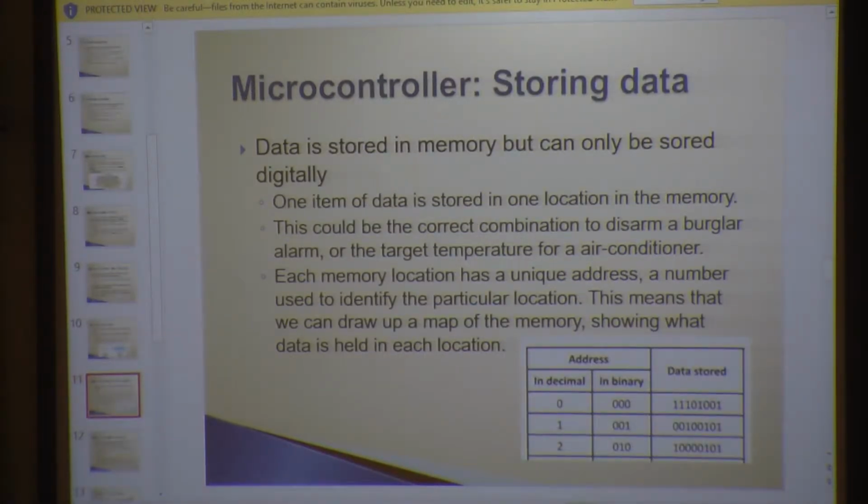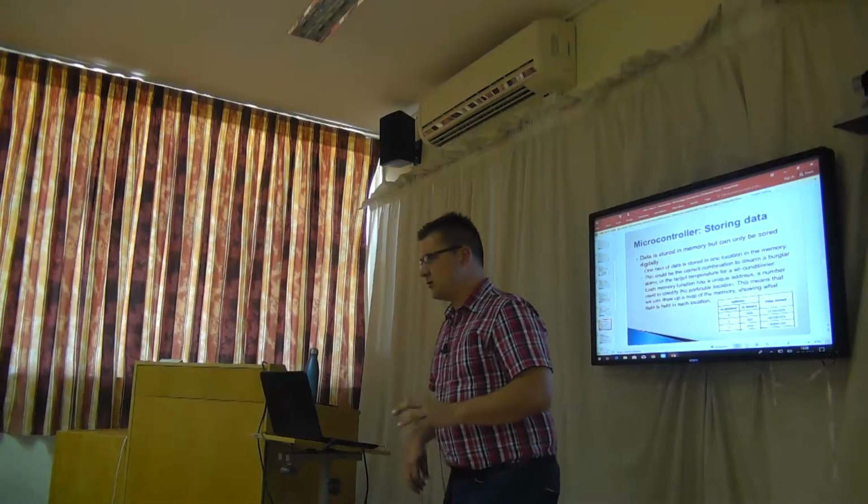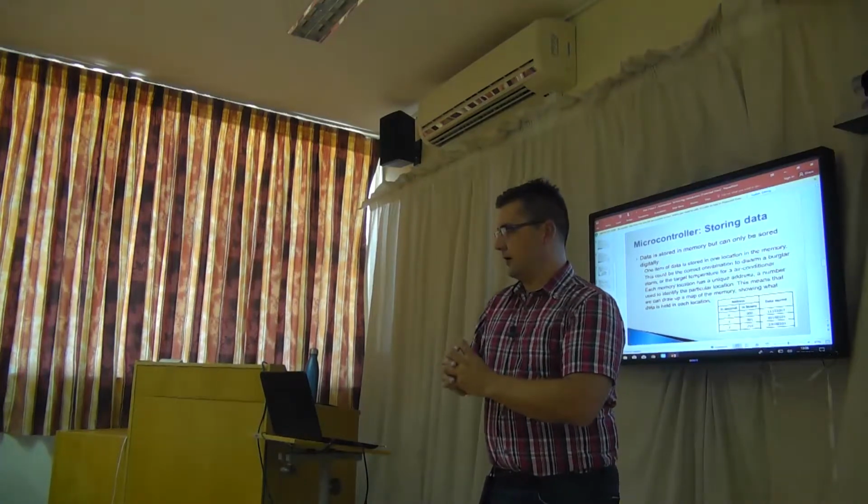Okay, so in a microcontroller you might have the ability also to store data, and that data is represented in terms of the actual address and the actual value you are storing. Now we have different types of memory, such as address memory, program memory and so on, but we won't focus so much on the actual memory address locations.